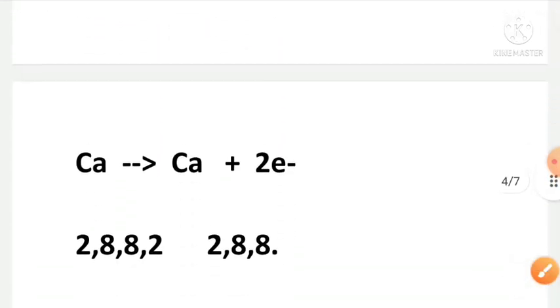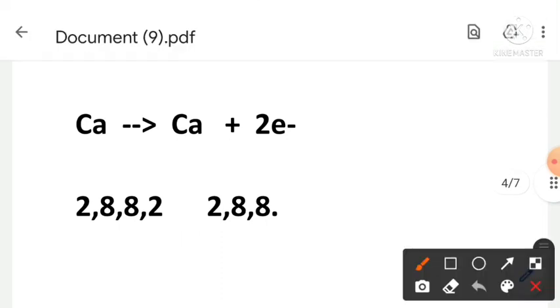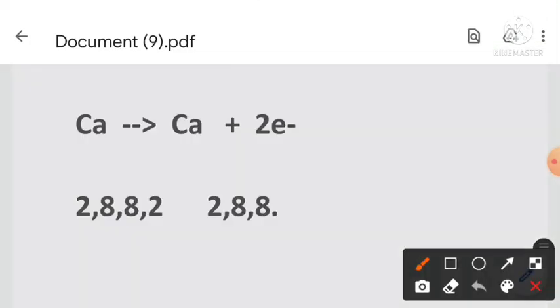Like this, in calcium, Z is 20, so we write the electronic configuration: 2 in the K shell, 8 in the L shell, 8 in the M shell and 2 in the N shell.